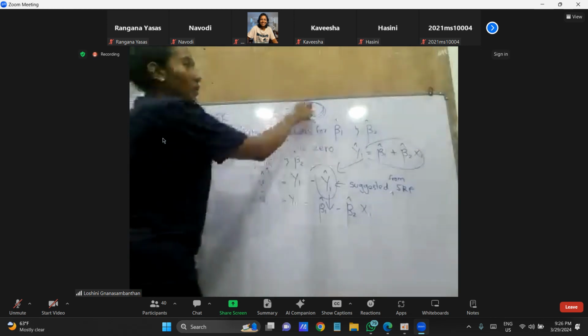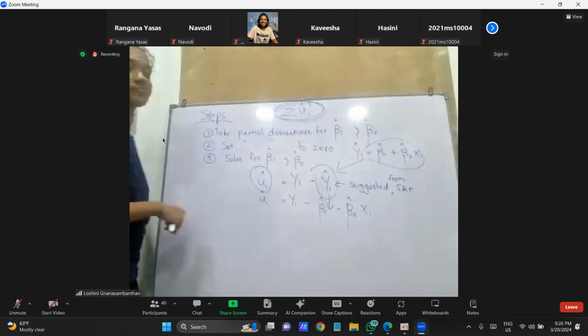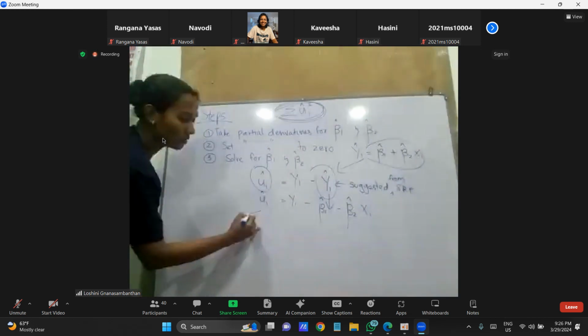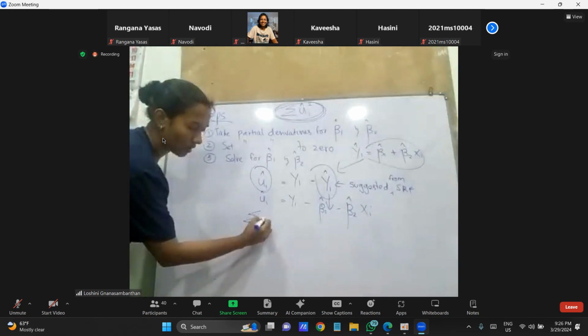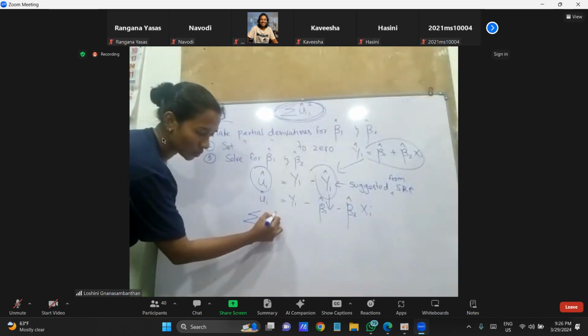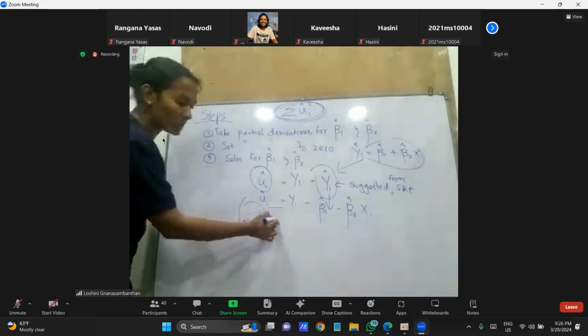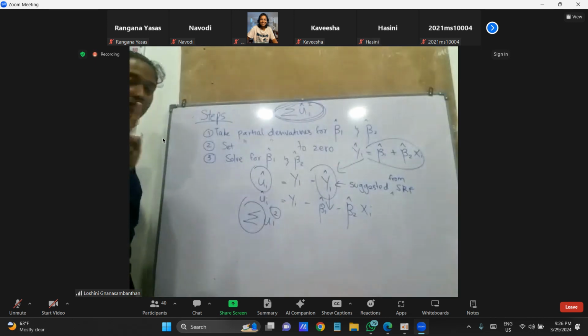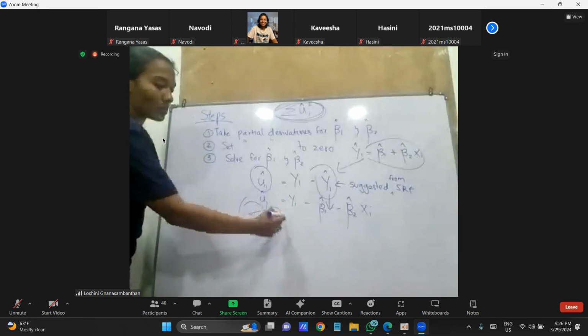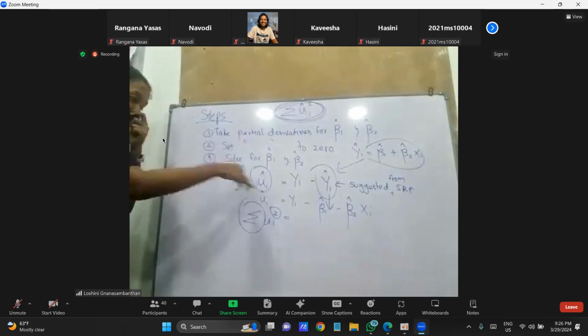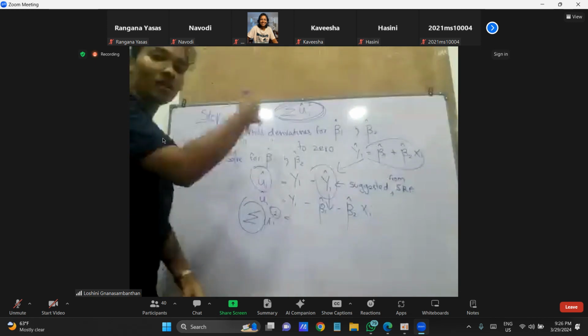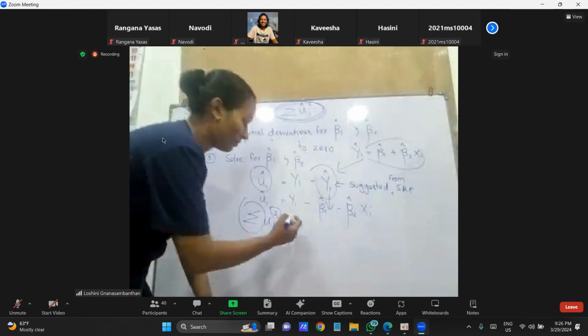We want to find this, so sigma ui square. What you are doing is adding a sigma and a square. You are adding two things, right? So if you do this on one side, you should do the same thing for the other side.